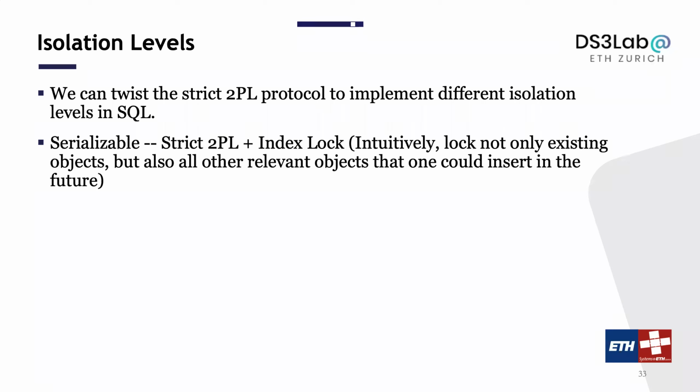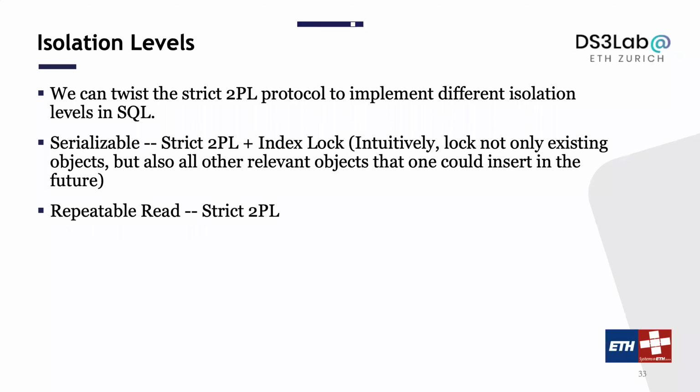That's called an index lock, which means other transactions cannot insert new tuples into the same table. If you really want full serializability, you need the notion of granularity: I need to be able to hold locks on the whole table, meaning on all the future objects that you could insert into it. If you do this, you have a fully serializable schedule.